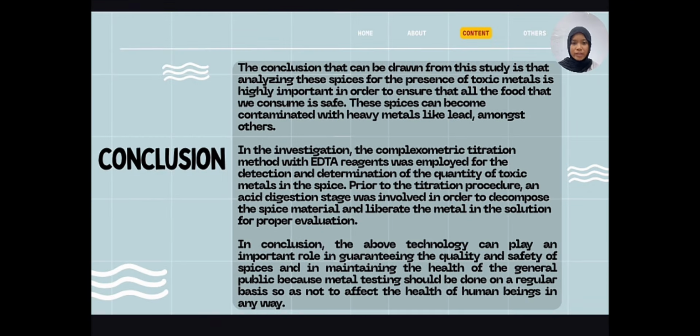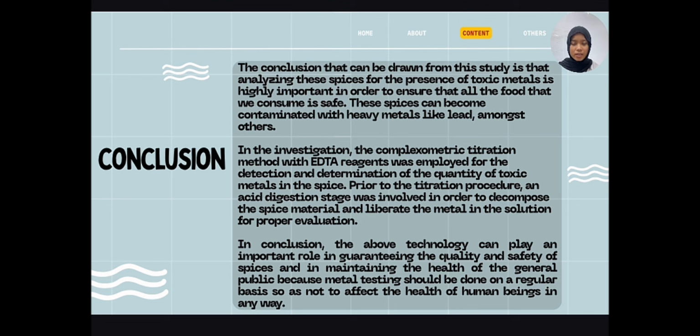In conclusion, this study shows that analyzing spice for the presence of toxic metal is very important to ensure the safety of the food we consume. Spice can be contaminated with heavy metals such as lead and cadmium due to pollution from soil, water, air, or during processing and manufacturing.